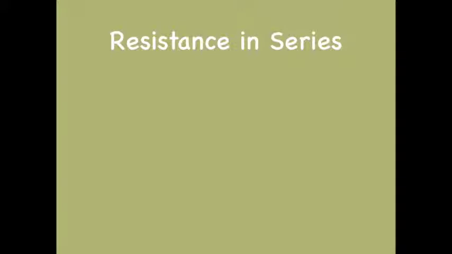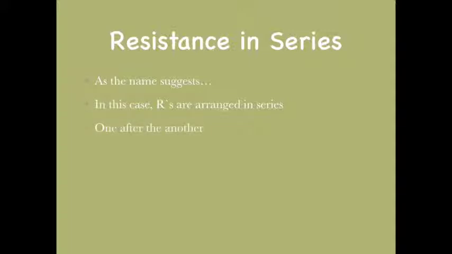Now let's first look at the series combination. So if we have resistances in series, as the name suggests, all the resistances are arranged one after another. So series resistances are connected across the two ends of a battery.